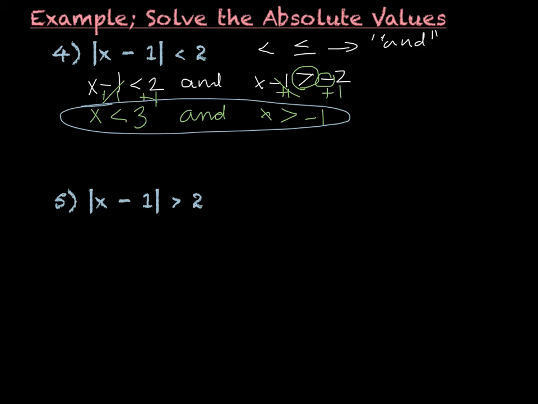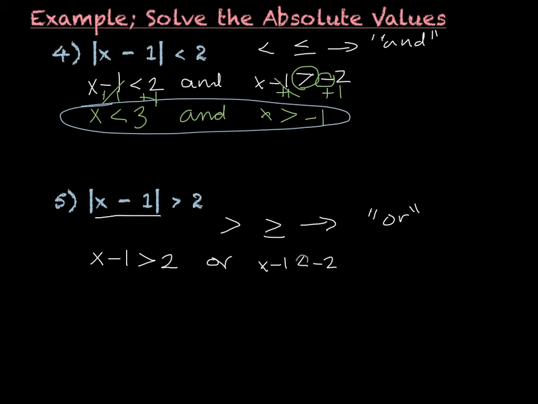So for this next one, when dealing with a greater than or equal to, then that's going to imply that we connect with the word or. So we're going to write it as is without the absolute value. X minus 1 is greater than 2, or, because it's a greater than, x minus 1 is less than negative 2.